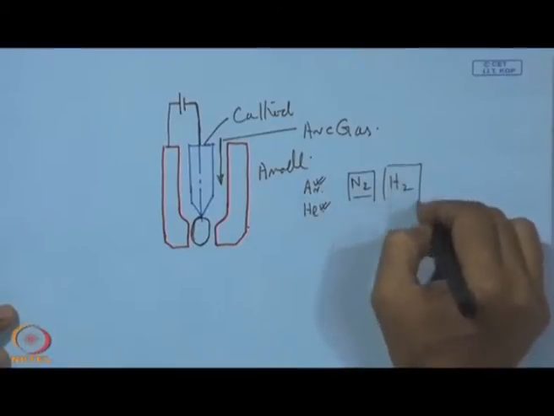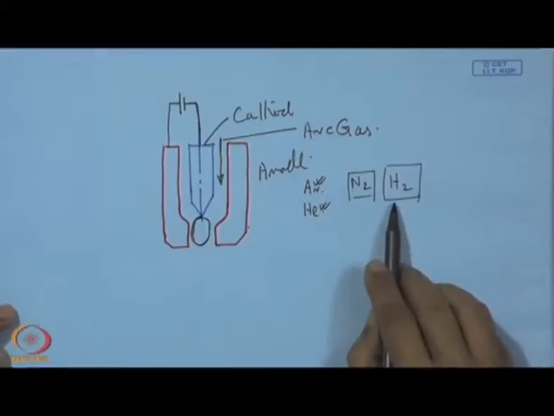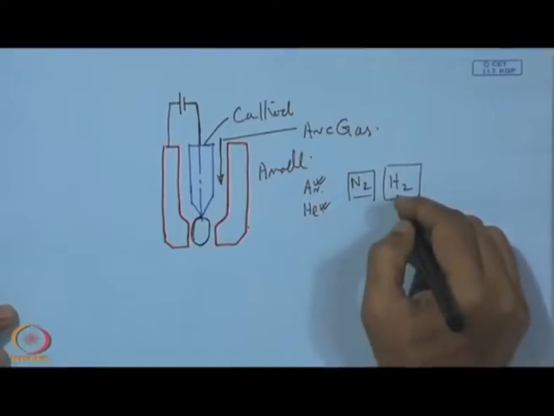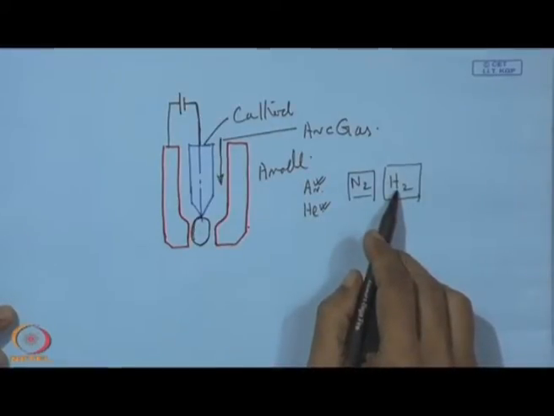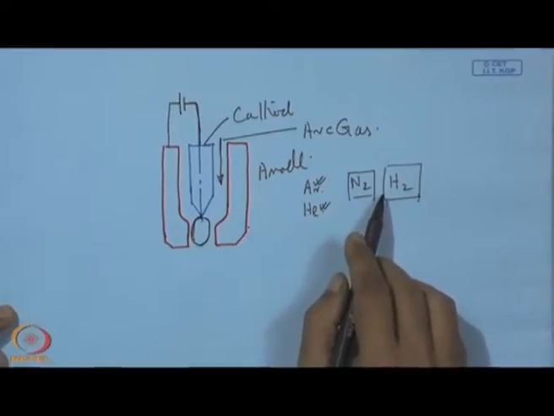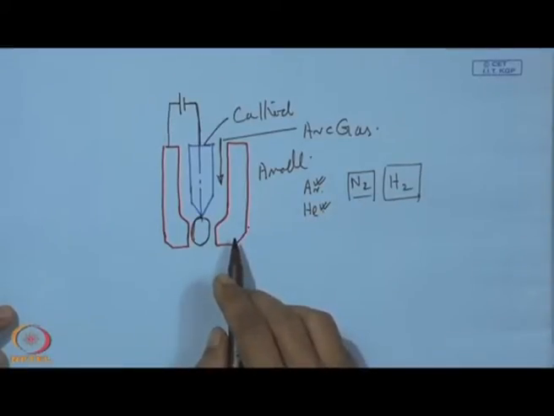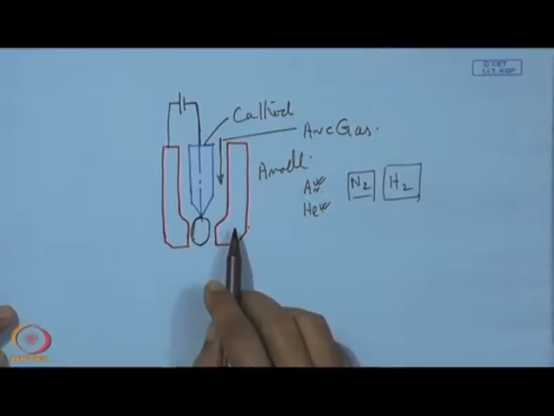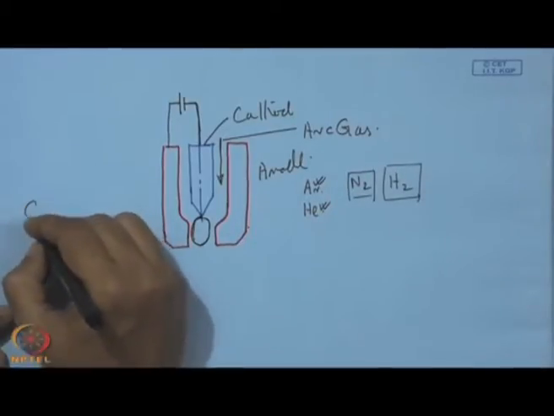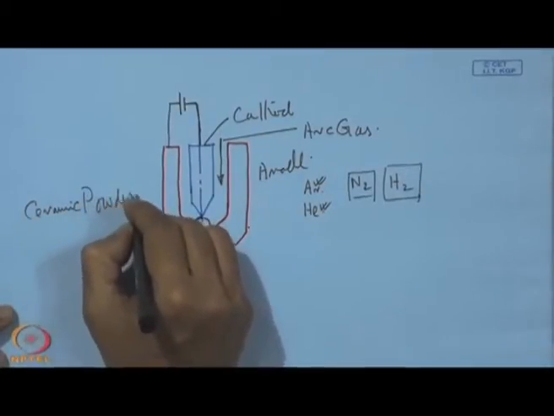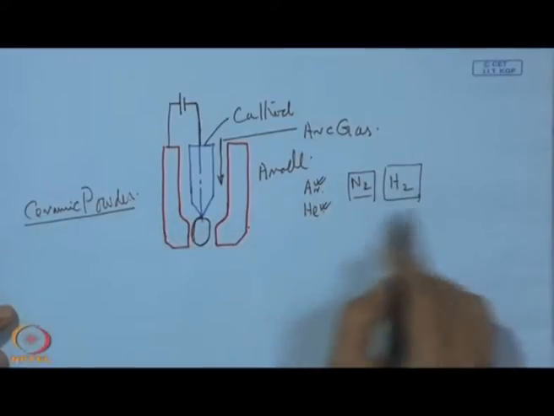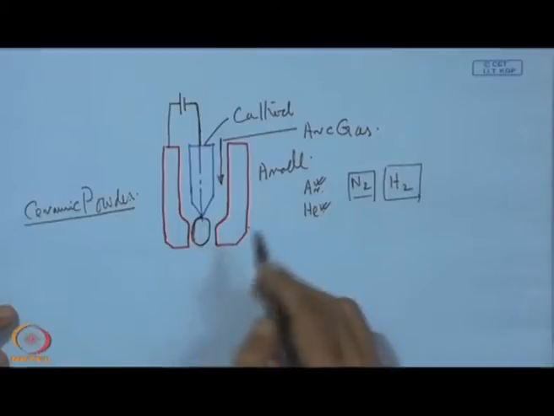The idea here is that the enthalpy of formation is very important in this case, because this is going to release energy in the form of heat, and that heat will be utilized for melting the powder, which is actually a ceramic powder. It is the ceramic powder that will be melted by the heat generated out of this gas discharge.